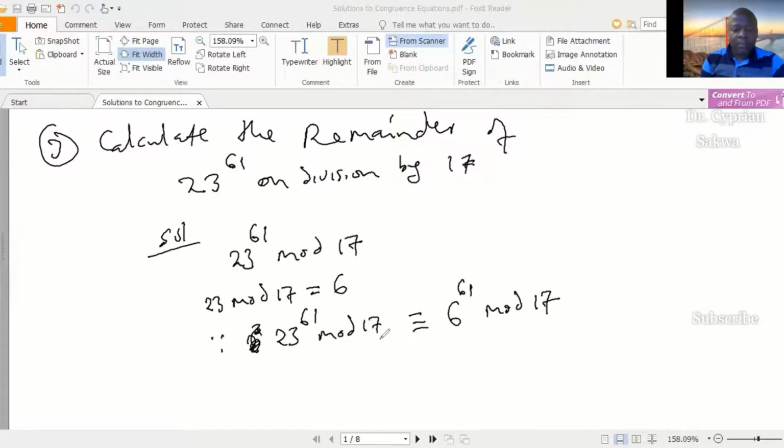Since the remainder is the same, let me work with the smaller one. The 6 is smaller here, so that I simplify my work.